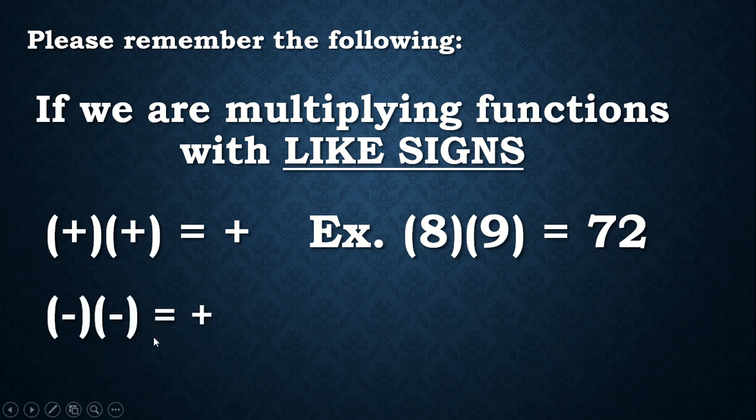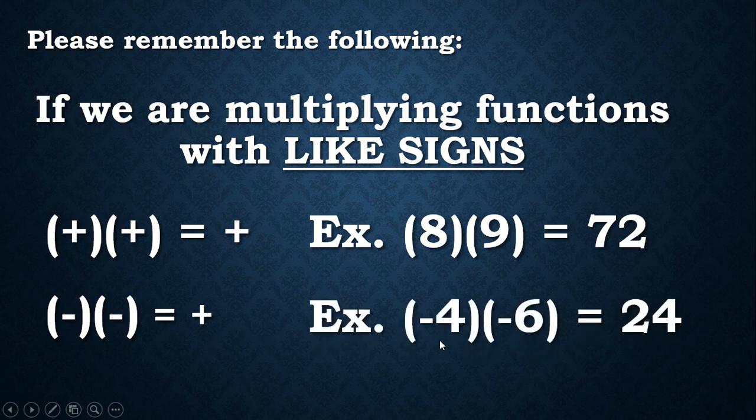Negative times negative will always be positive. Example, negative 4 times negative 6, that is equal to positive 24. Please do remember that if you are multiplying same signs, the sign of the answer will always be positive.